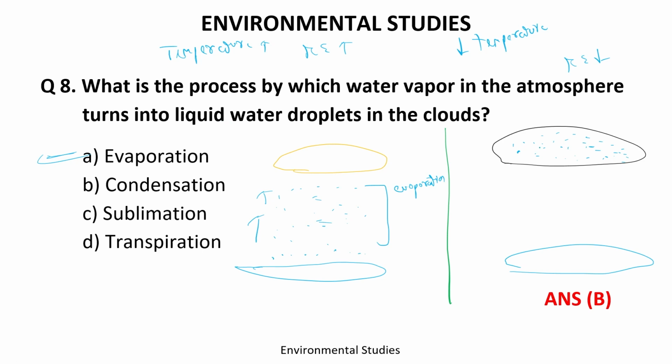This water vapor starts converting into water droplets. And being heavier, these water droplets cannot be sustained by the clouds and they start coming downward. This process is known as condensation, which gives rise to precipitation, or the rain, you can say.